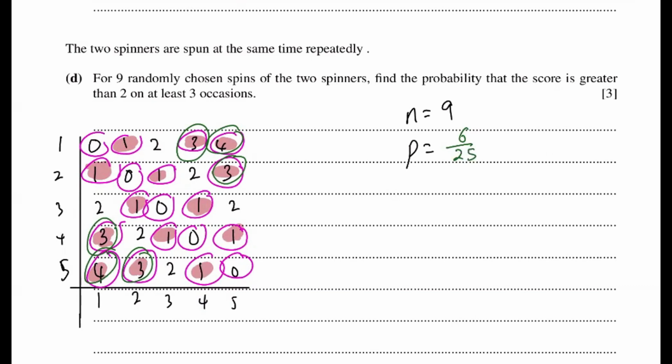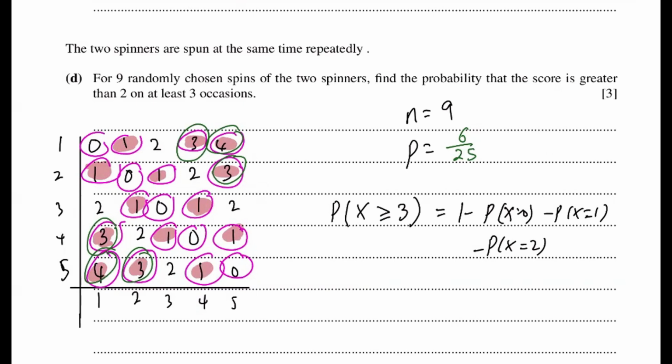So we're looking for what? More than 2, and at least 3 occasions, sorry. At least 3 occasions. So it'll be 1 minus P(X=0), sorry, 1 minus the probability of X equal to 0, 1 and 2.